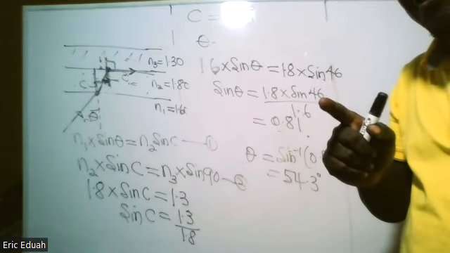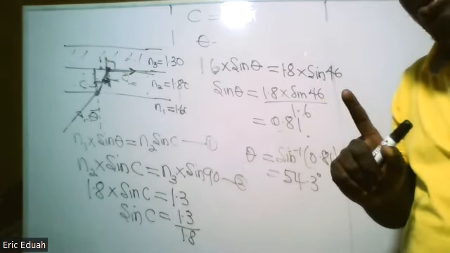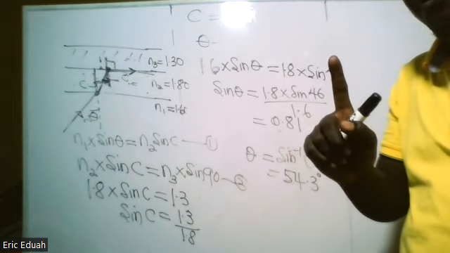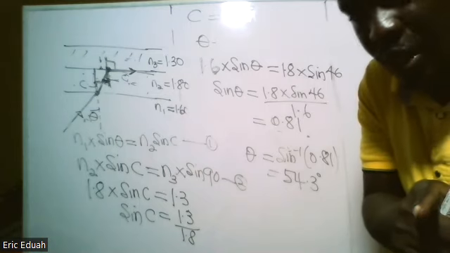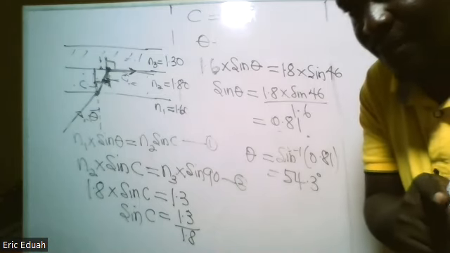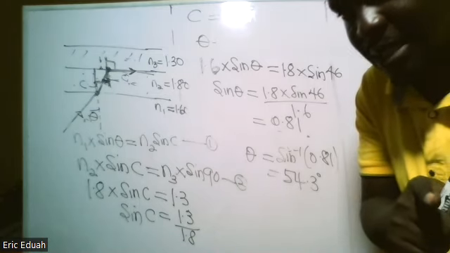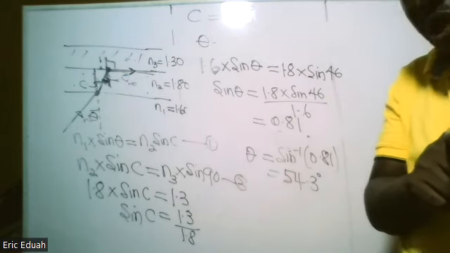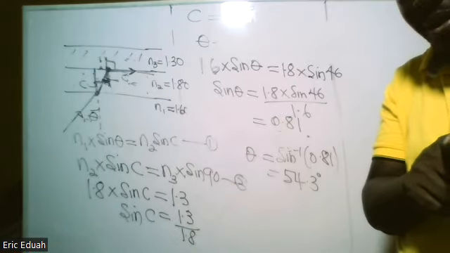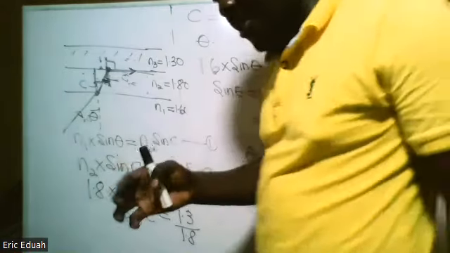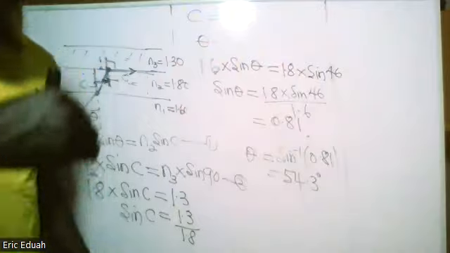And this angle of incidence in the denser medium, which gives us an angle of refraction of 90, is known as the what? How do we call this special angle of incidence? It's known as the critical angle.